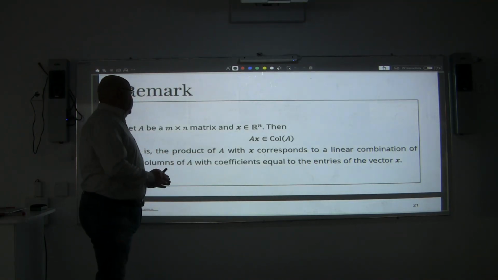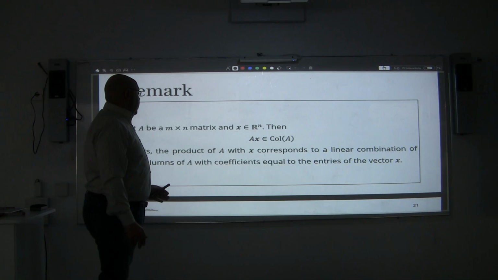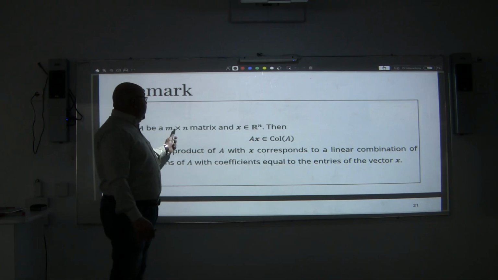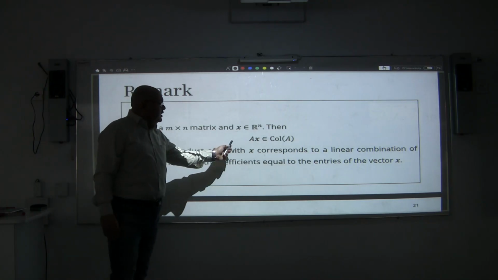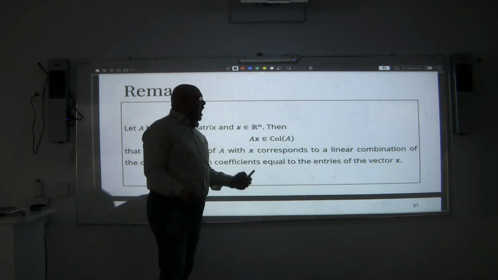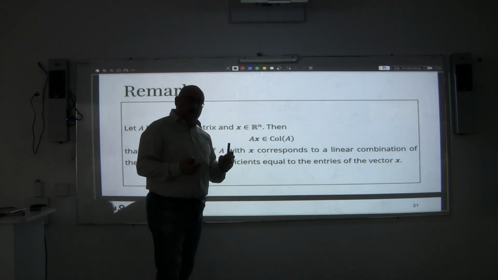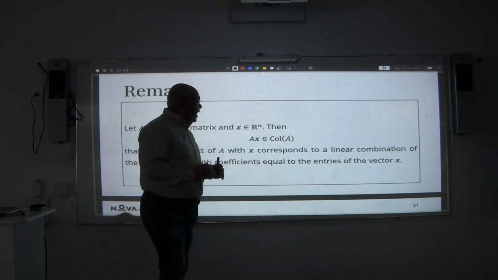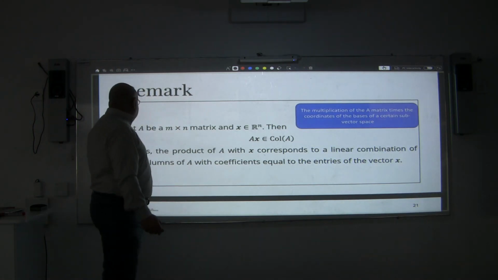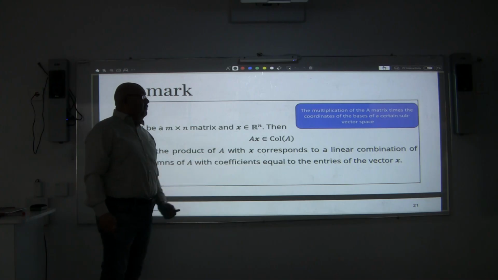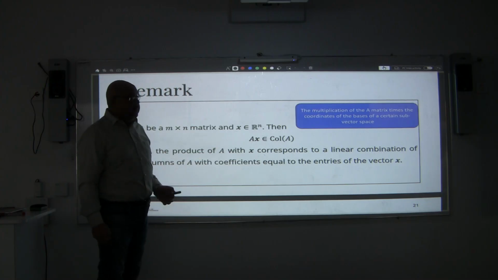Taking all of this to another level, let A be an n by n matrix, and Ax belongs to the column space of A. I can look at this multiplication process as a linear combination of the columns of A with coefficients, or coordinates, given by the entries of the vector x.